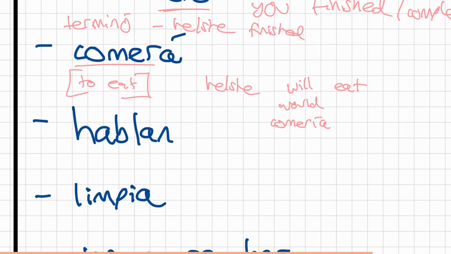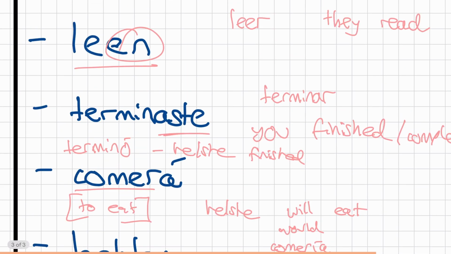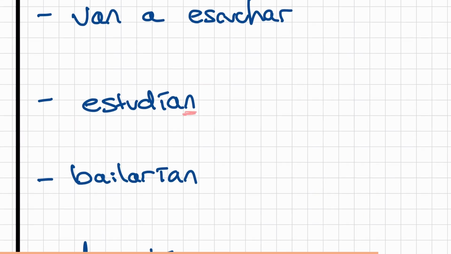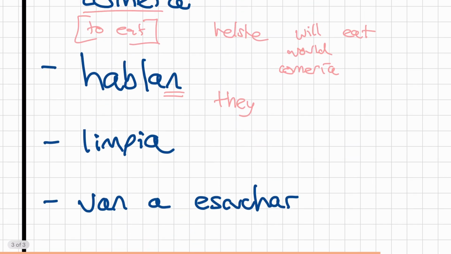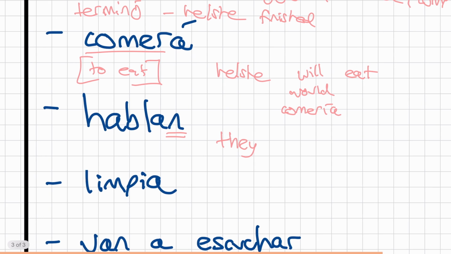Okay, hablan, easy one. They, because any of them that end in N is always they. For example, leen, again, is they. This one here has an N, this one here has an N, this one has an N as well. Any Spanish verb ending in N will be something in the plural, in the they. So in this case, they speak or they talk, and this is just the present tense.